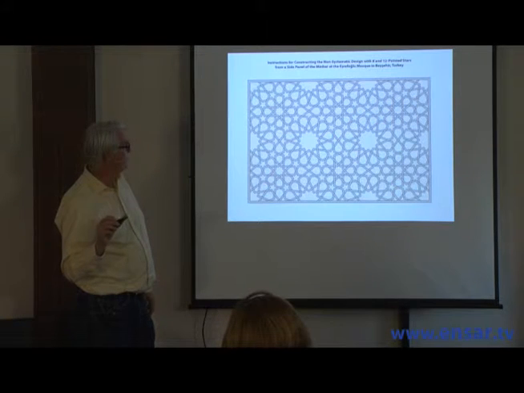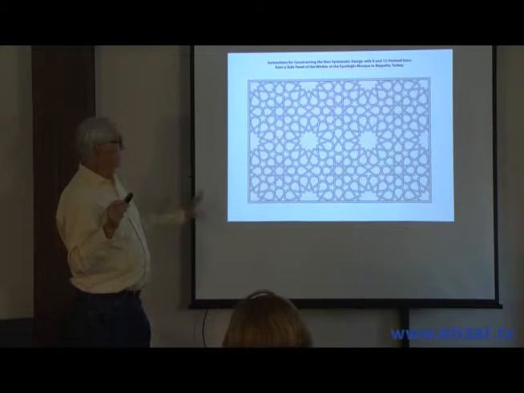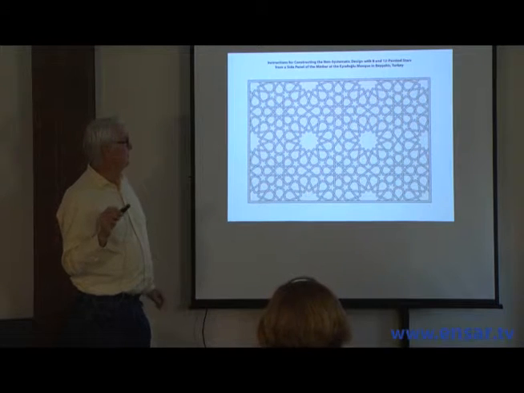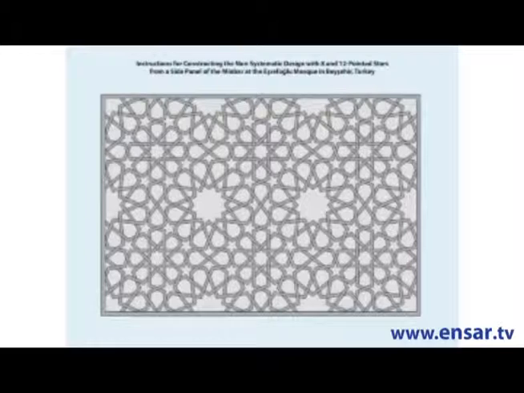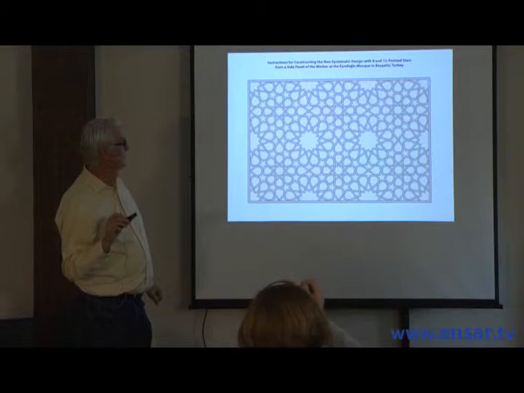Now again, the 2-point. Now, so here's the pattern that we're going to work to make today. And this is from the mosque that we'll be going to tomorrow. And so I'm asking you to look at it and get a sense of it and get to know it a little bit.